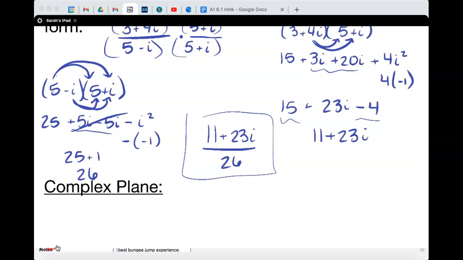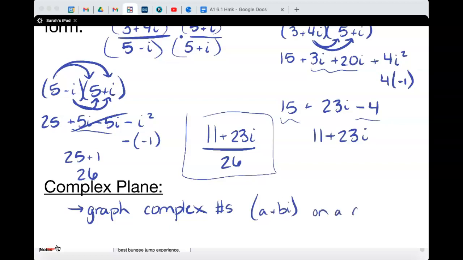So this is actually easier than dividing. The complex plane. So we can basically graph complex numbers, which are like a plus bi, on a complex plane. So typically when we graph, we have an xy plane, or there's fancier ways of saying it, rectangular coordinates or Cartesian plane.